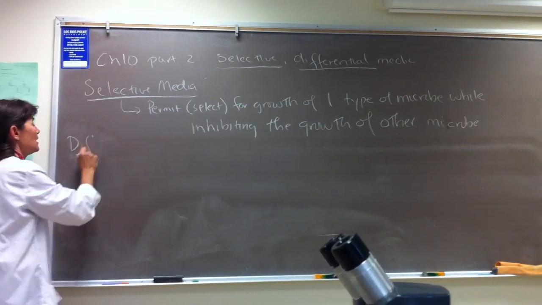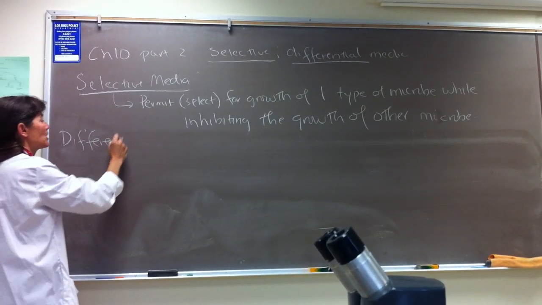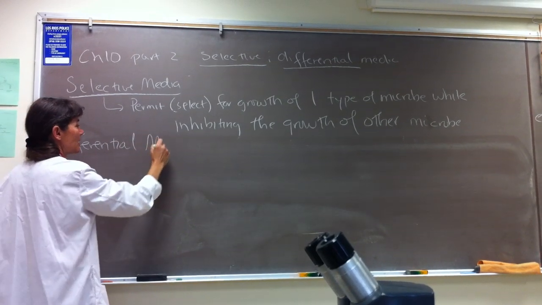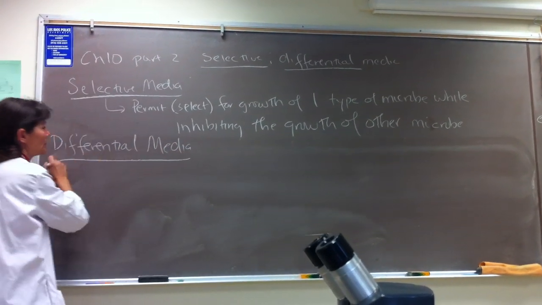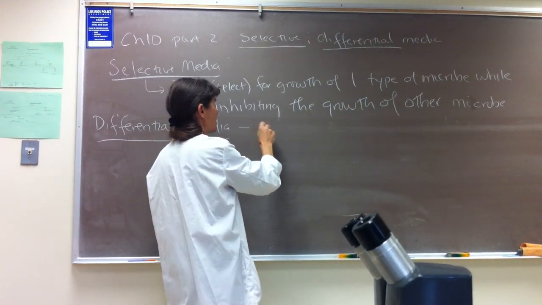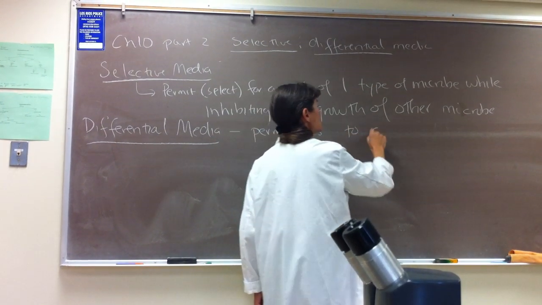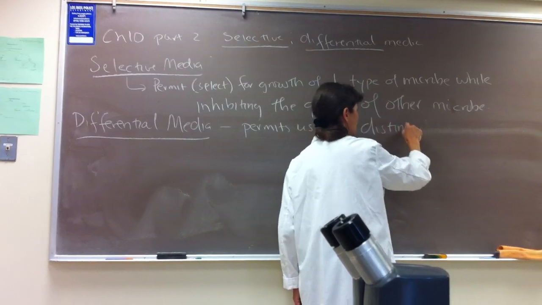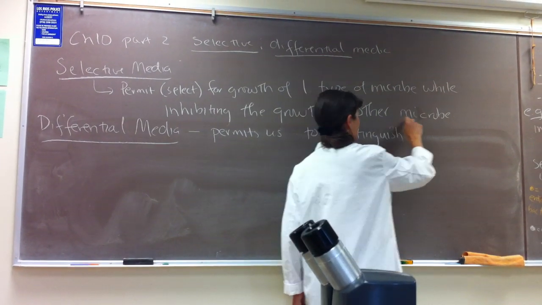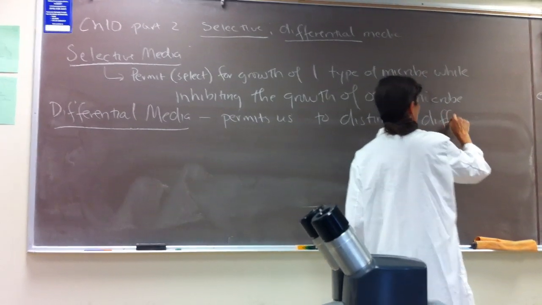So it turns out that Eosin methylene blue is also an example of what's called a differential media. And differential media permits us to distinguish or differentiate between different types of microbes that do grow.